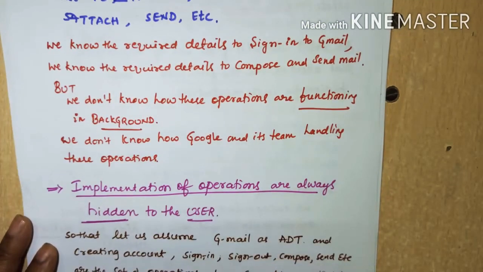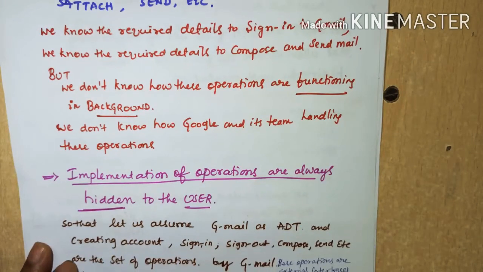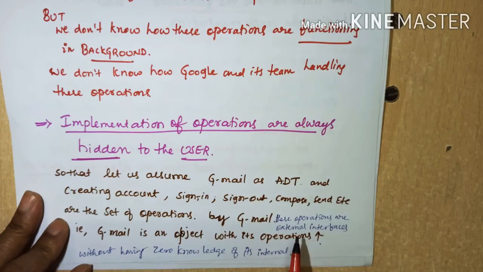So I'll say Gmail has ADT, and creating account, signing in, sign out, compose, sending, etc. All these are the set of operations by Gmail. So these operations are called external interfaces.